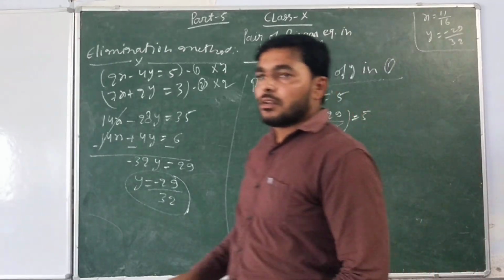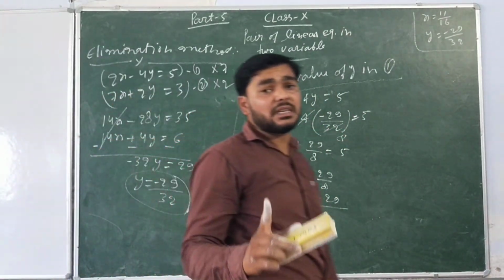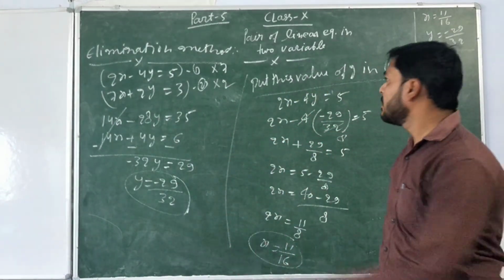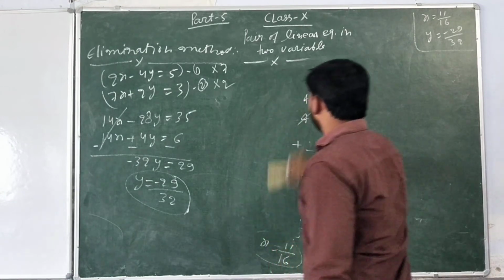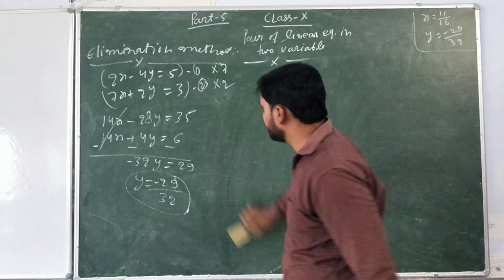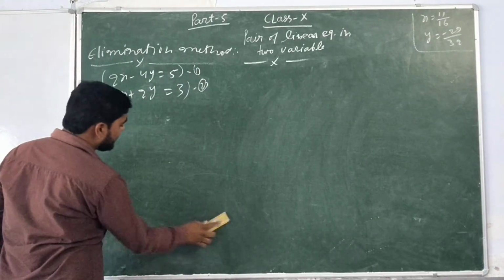Note it down. You have to solve with any one of the methods, okay? Not both. You can use any one method, by making the coefficient of x the same or the y the same.